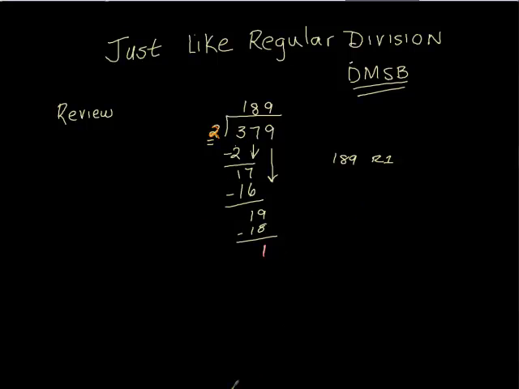So instead of this R, we're going to see this number down here, 1, over this number here, 2. Be careful, it has to be a plus here. So this is how we put our remainder in. It gets super important as we move forward.